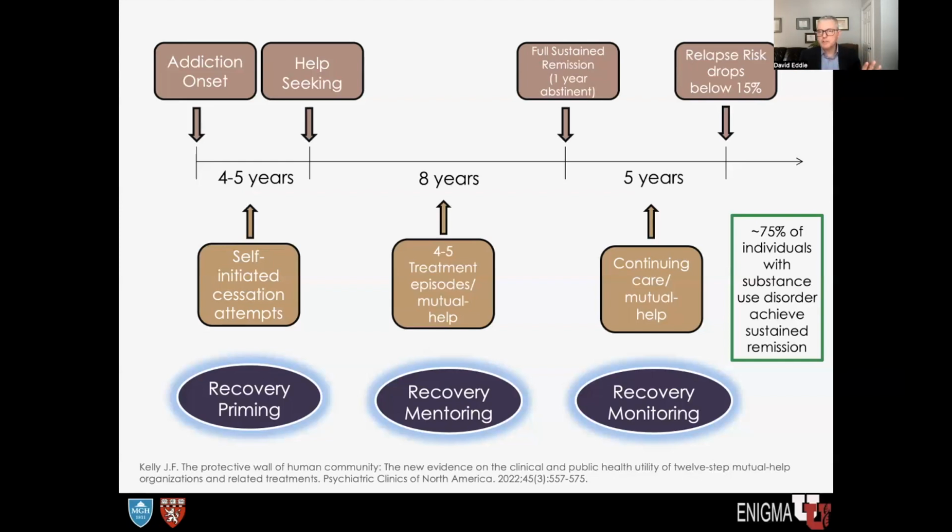The population-wide prevalence of alcohol and other drug use problems is around 15%. And so it takes folks 5 years before their risk drops down to that of the general population. But then importantly, as I mentioned before, ultimately, people who continue trying to achieve recovery, eventually the majority of folks get there.